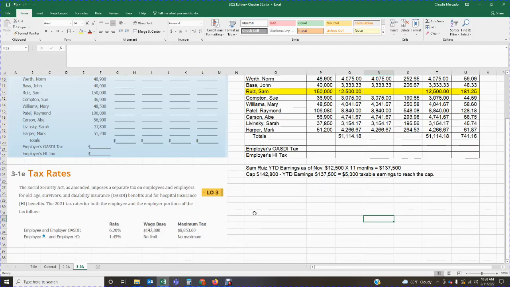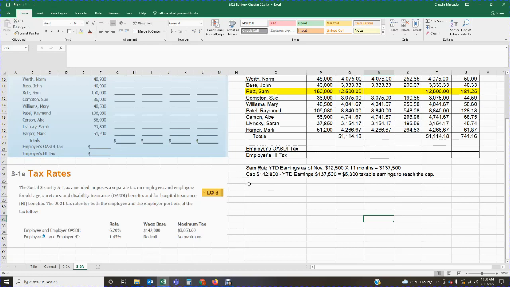Why, Dr. Mercado? Remember, we pay taxes on the first $142,800. Step number 1, calculate the year-to-date earnings as of last month. As of last month, Ruiz earned $137,500. We know that we are only responsible to pay taxes up to the cap of $142,800.